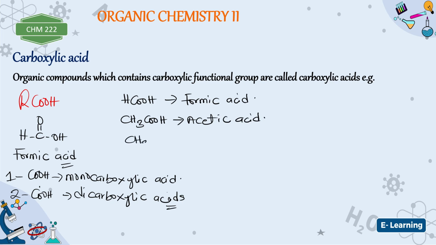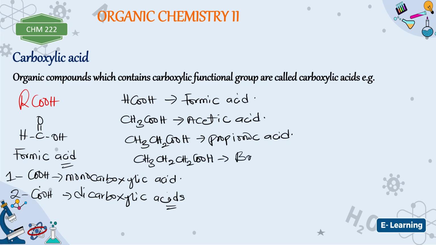If it has three carbons, the common name is propionic acid. If it has four carbons, the common name is butyric acid.